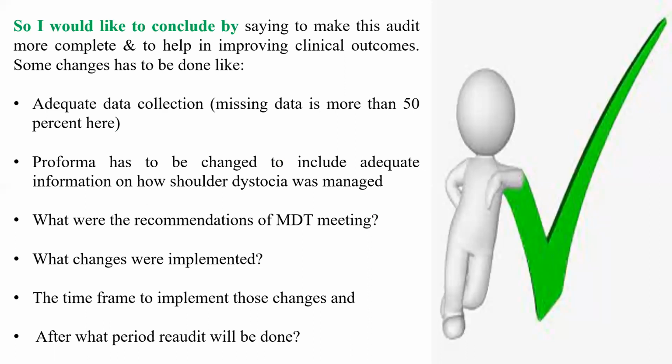The pro forma has to be changed to include adequate information on how shoulder dystocia was managed, and what the recommendations of the multidisciplinary team meeting were, what changes were implemented, and the time frame to implement these changes, and after what time period the audit will be done. So all these changes have to be done for the audit to be complete and to help in improving the clinical outcome. This is how you conclude your station.